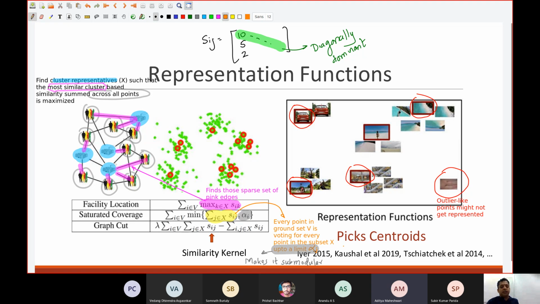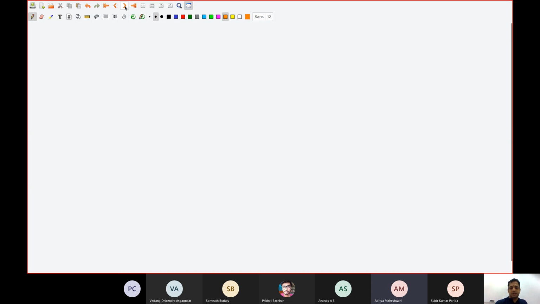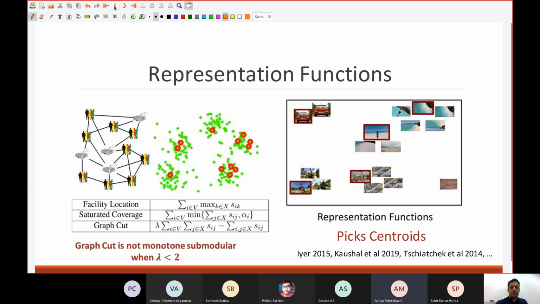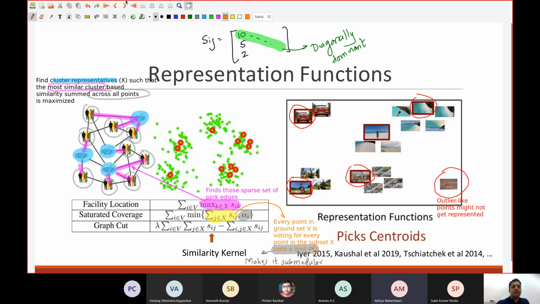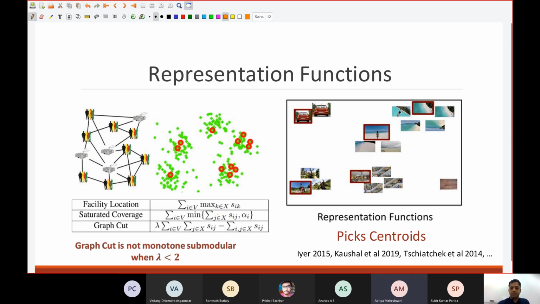Okay, graph cut on the other hand, what is it trying to do? I don't know if I have slides on each of these. Graph cut, let me go to the next slide, that's better. Too much crowding.